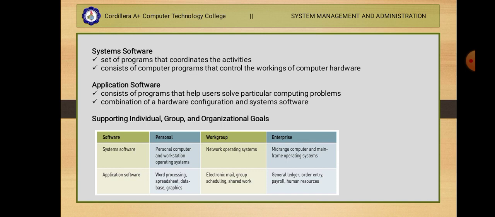So people using commercially available software are usually asked to read and agree to an end user license agreement. Kung mapapansin niyo, pag nag-install kayo ng mga software applications, 'di ba may mga agreement doon na chine-check mo?